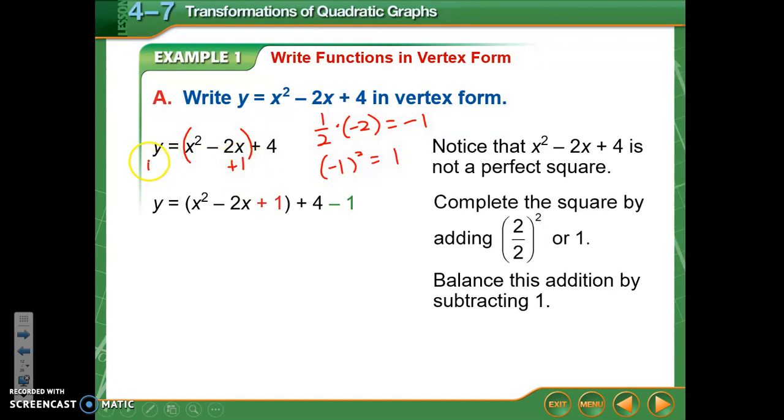I either have to add it over here to the y, so we could have written this as y plus 1 equals x squared minus 2x plus 1 plus 4. Or I can add and subtract it to the same side. So what I'm doing here is I'm adding 1 to this part and I'm subtracting 1 here. So if I add 1 and subtract 1, I'm really just adding 0, right?